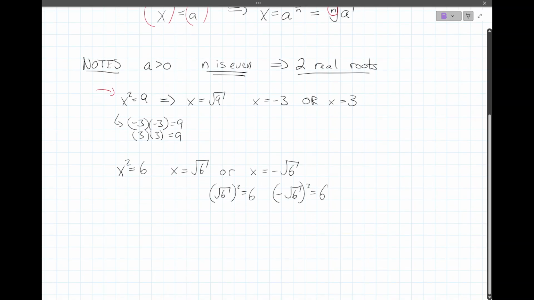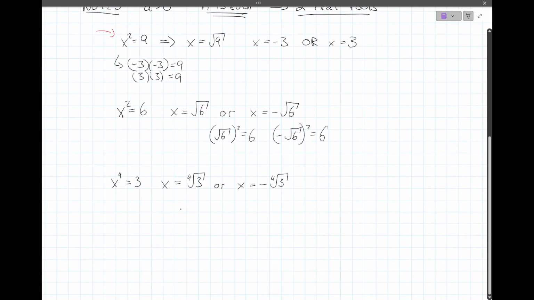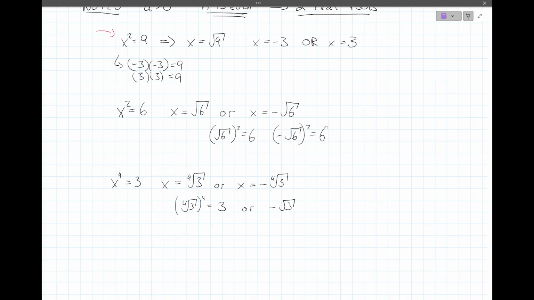And even if we have a different exponent, like x to the fourth equals 3, I can say x is equal to the fourth root of 3, or x is equal to the negative fourth root of 3. Because if I take the fourth root of 3 to the 4th, that just gets me 3 back. Or if I take negative fourth root of 3 to the fourth power, I will also get 3 back that way, right?